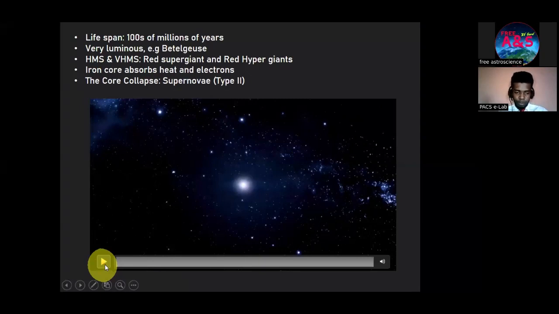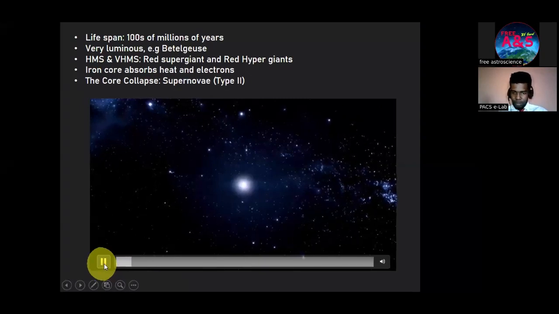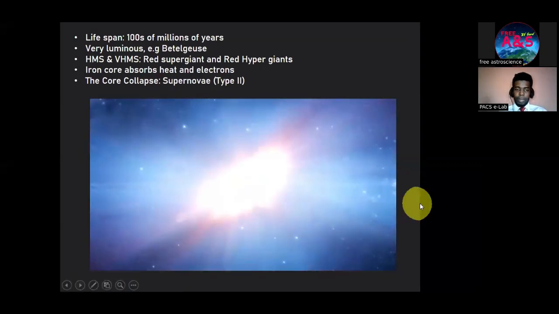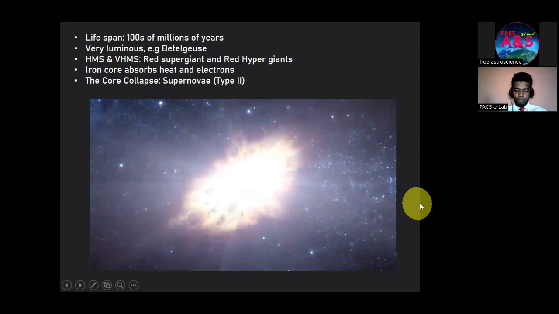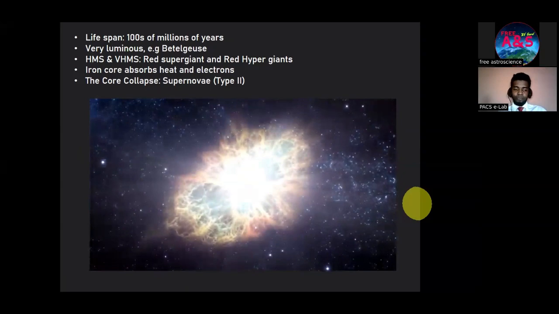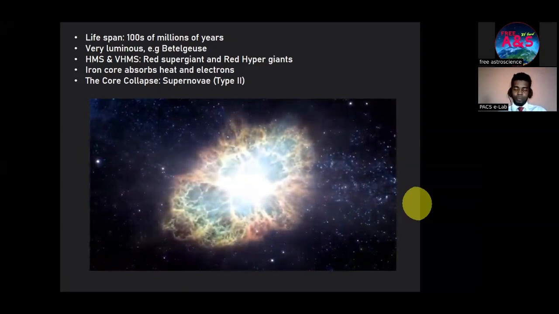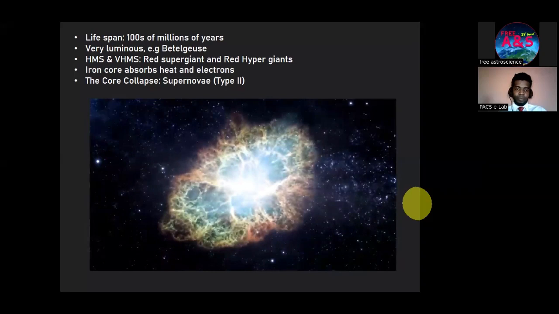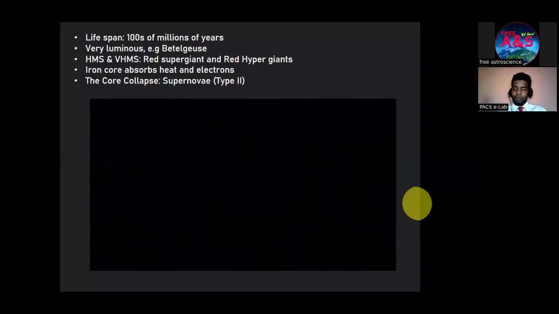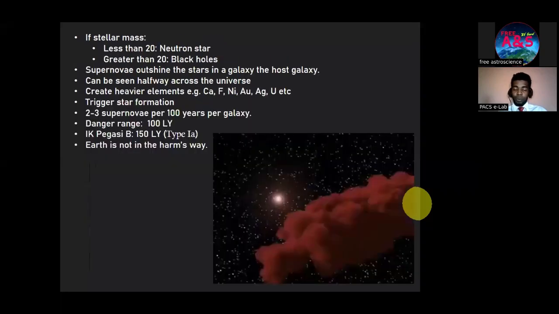We call this a type 2 supernova. So a supernova is a core collapse when the support system is out.